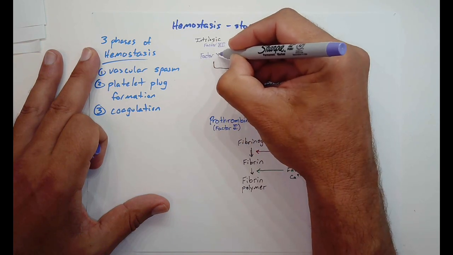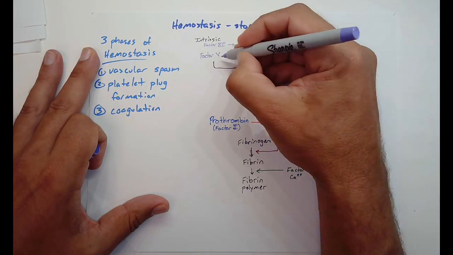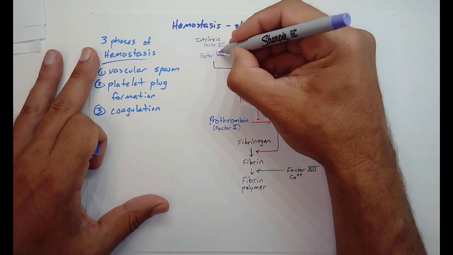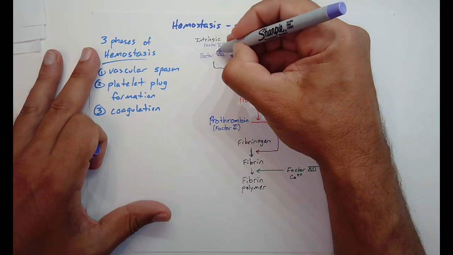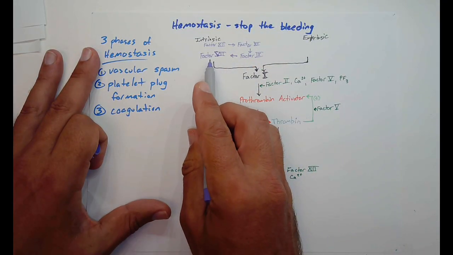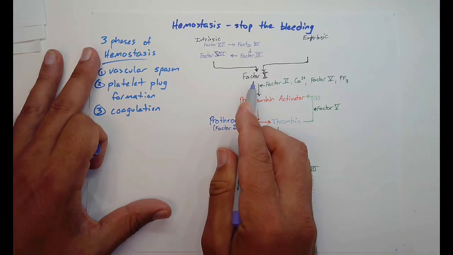That's right. We got this. Factor 8 is the anti-hemophilic factor A, and once factor 8 finally gets activated, the intrinsic pathway is able to communicate with factor 10.